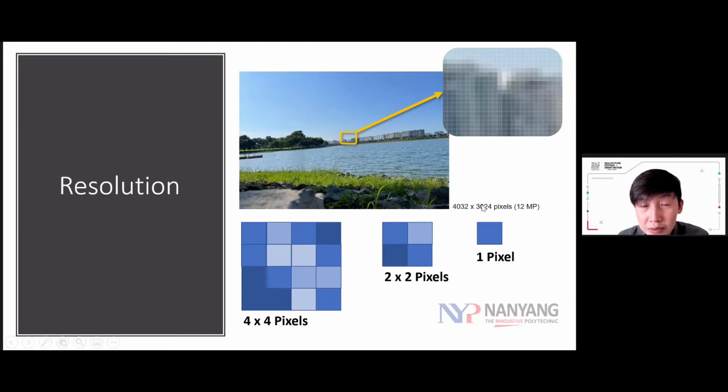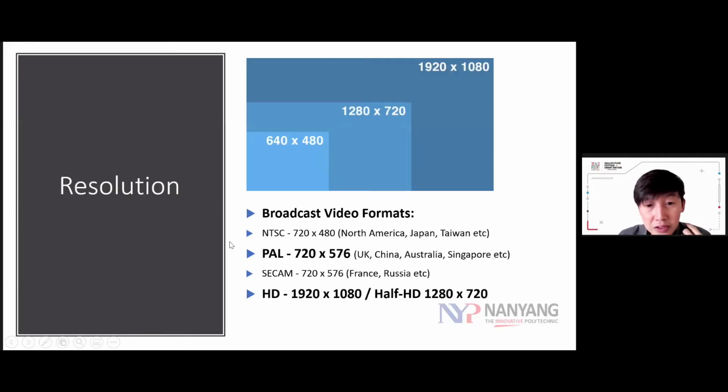Why is it important? To know how many pixels there are. Also, different devices like TV and handphone have different resolutions. If you are into social media, Instagram has different resolutions when you want to post a picture, a reel, or a video.